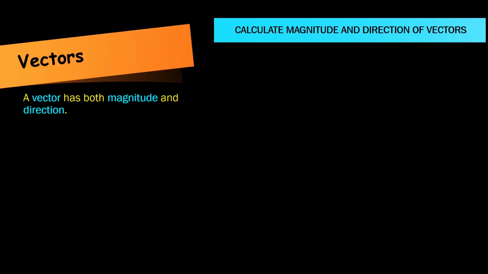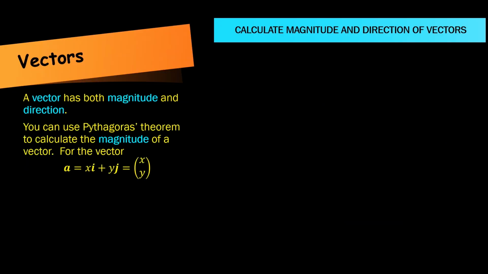A vector has both magnitude and direction. You can use Pythagoras' theorem to calculate the magnitude of a vector. So, for a vector A equals xi plus yj, or as a vector written as (x, y), we can illustrate this as shown.